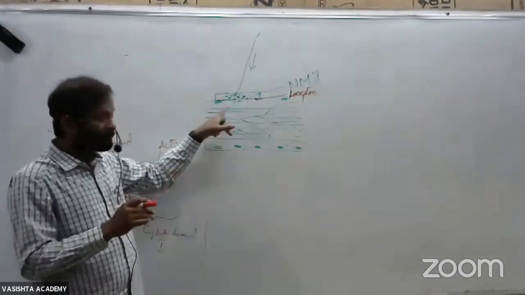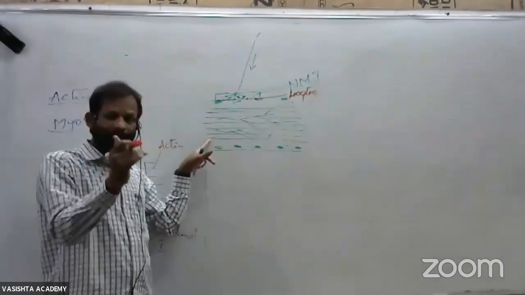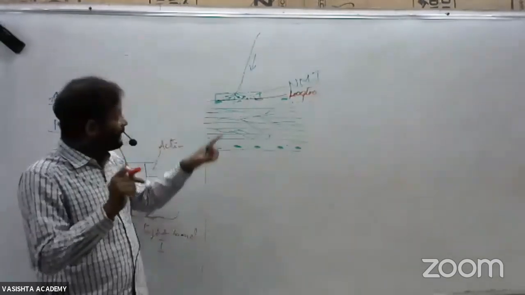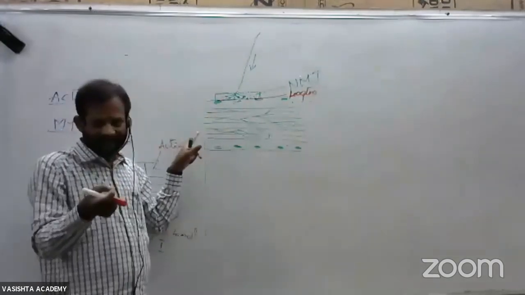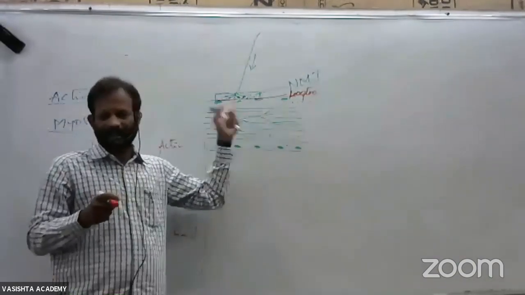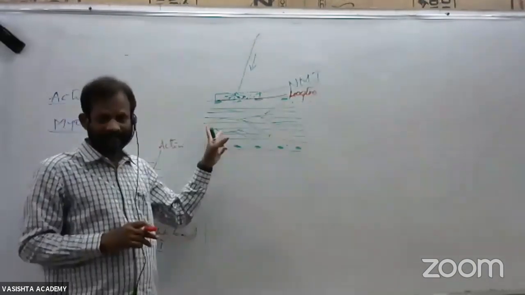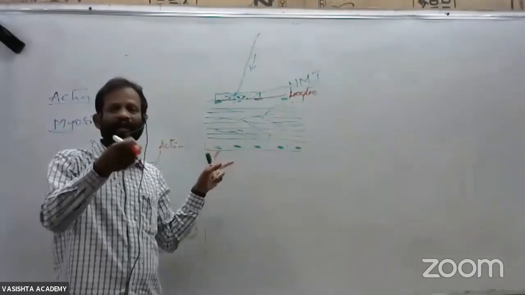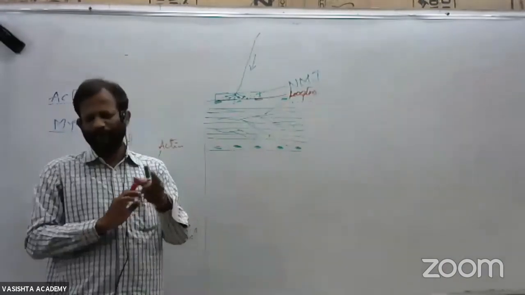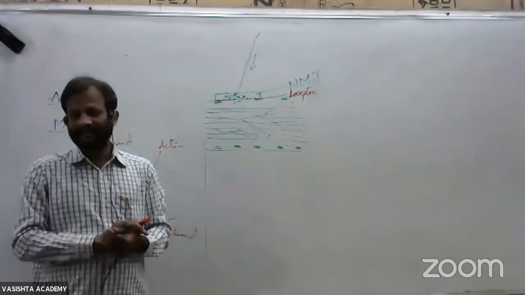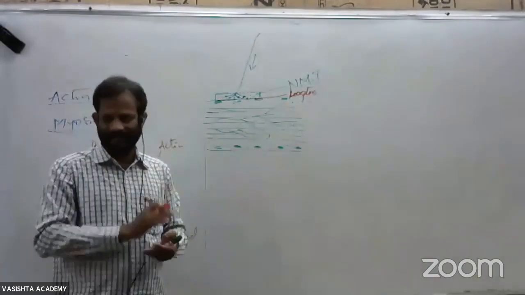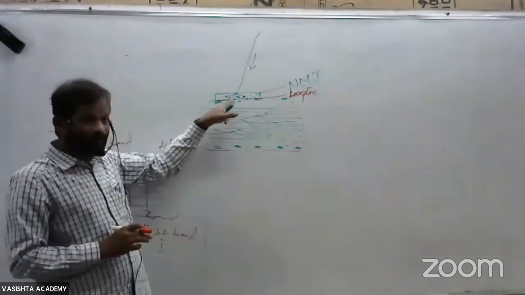So the plasma membrane is permeable for only some substances, not all. That's why selectively permeable. But when the receptors are stimulated, it will lose polarity. We can call it biologically depolarization, removal of polarization. What is polarity? The tendency of the movement of substances from one surface to another surface through any membrane. That is called polarity. So it is losing polarity.